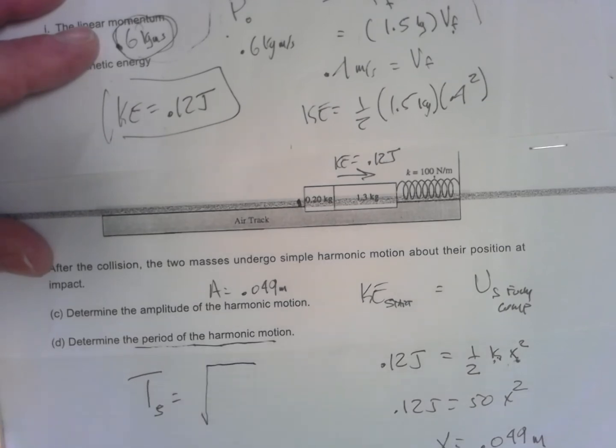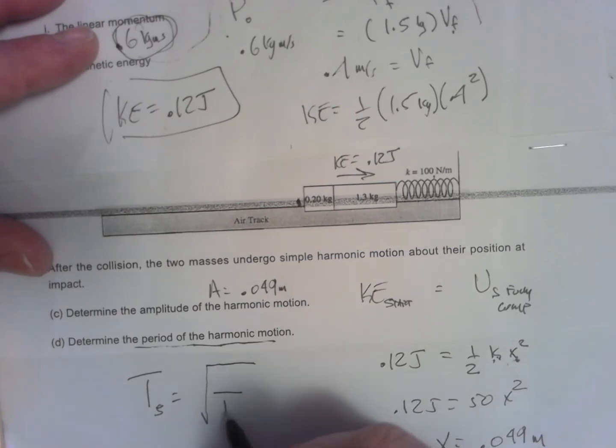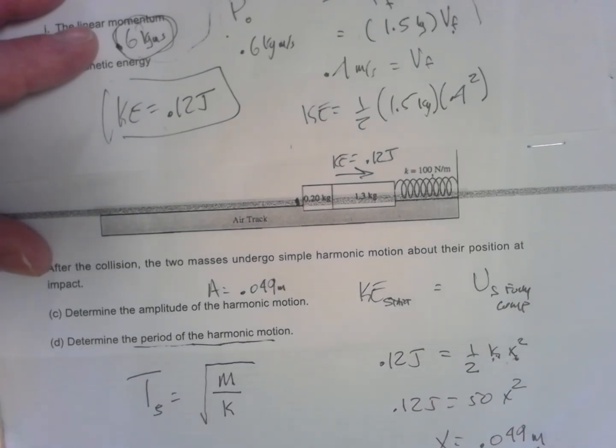I can't remember if there's a 2 pi out front or not, but I do know that k is involved, and the mass is involved. Let's see. If k is large, the period should be shorter. So I'm going to put k down here and mass above. I can't remember if there's a 2 pi out front. I should know that.